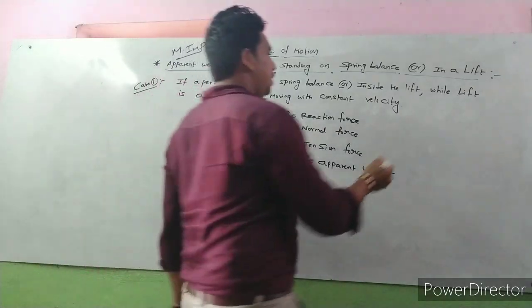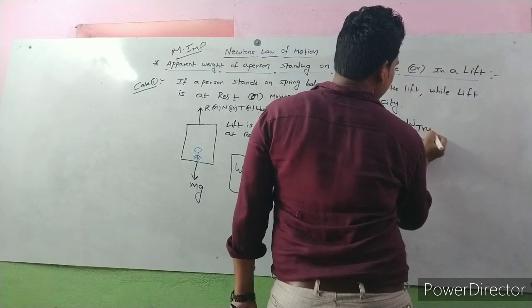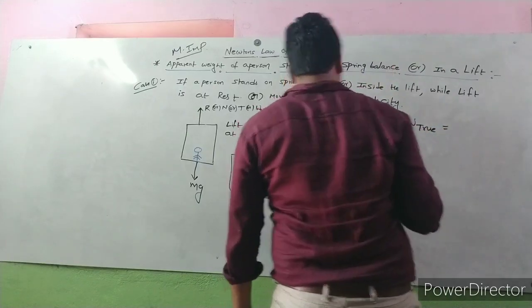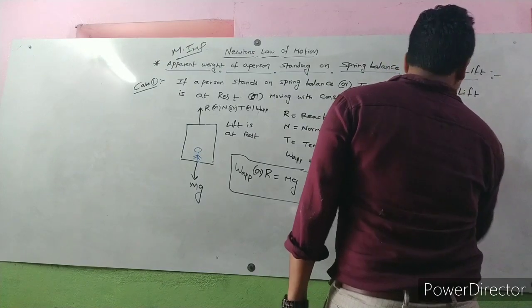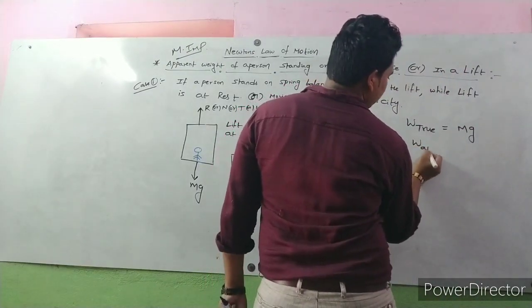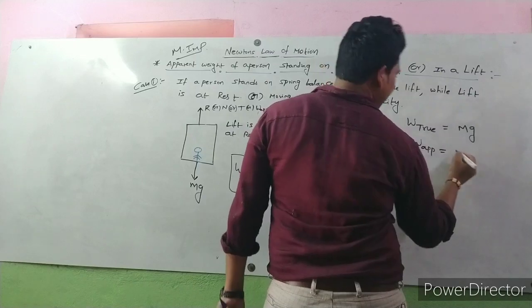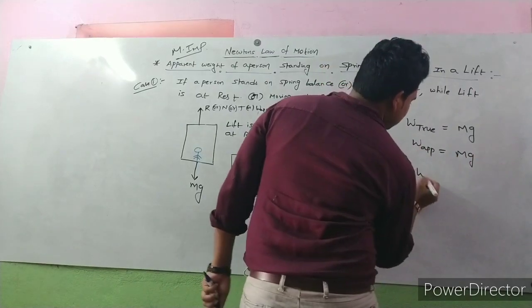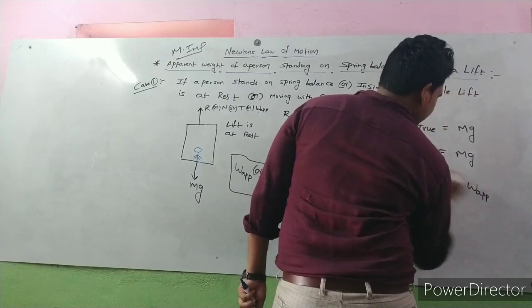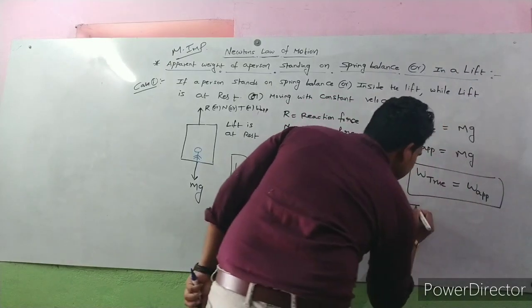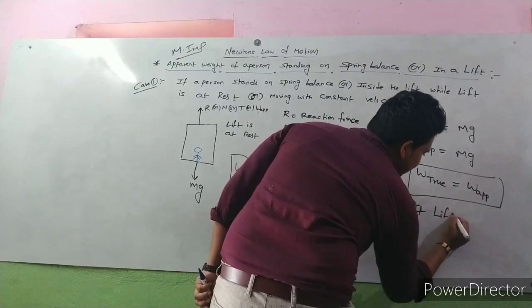The true weight is m into g, and the apparent weight is also m into g. So the true weight is equal to the apparent weight if the lift is at rest.